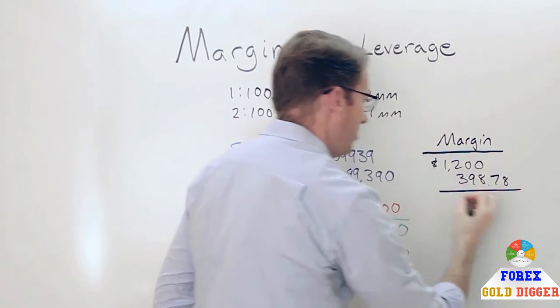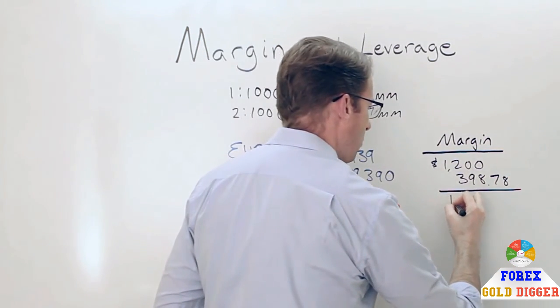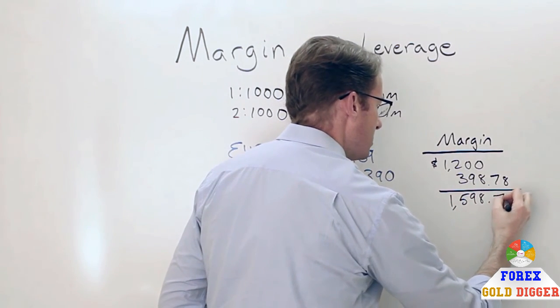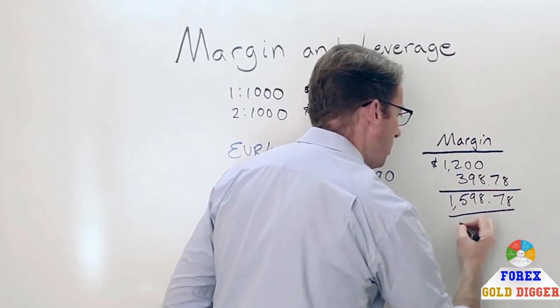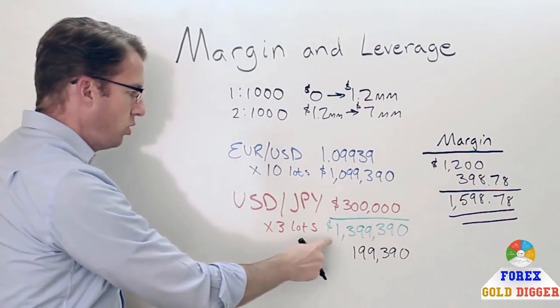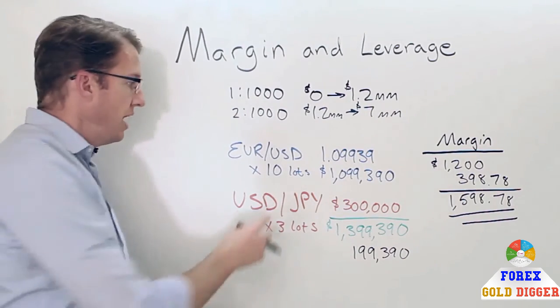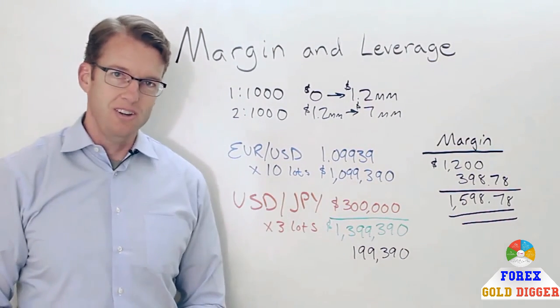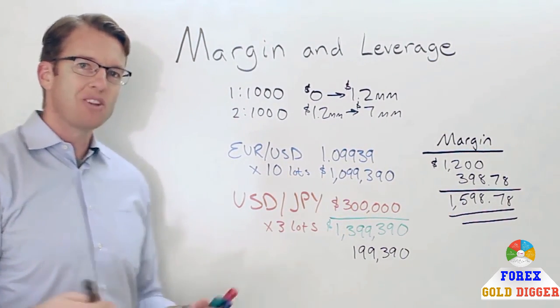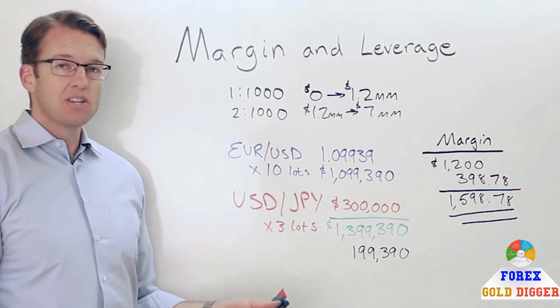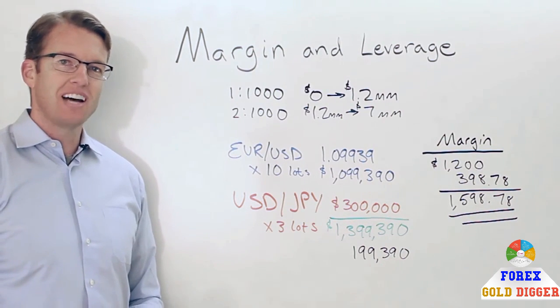All right, so if we add those up, then I get $1,598.78 as the total margin requirement to hold open this position that consists of 3 lots of the dollar-yen and 10 lots of the euro-US dollar. So it's a little bit more complicated, but it should help you understand how margin and leverage relate to each other and how the margin requirement may change depending on the size of your position.